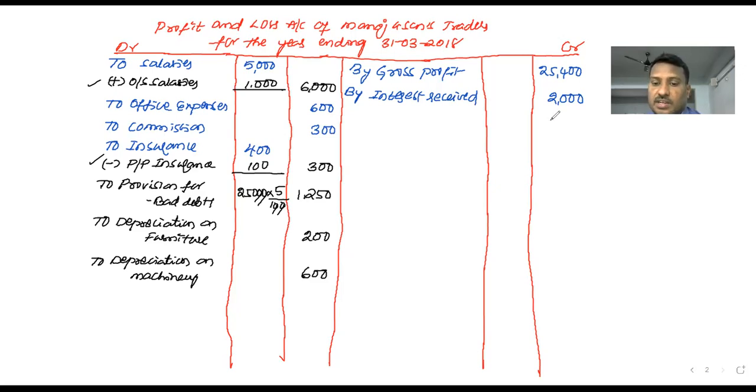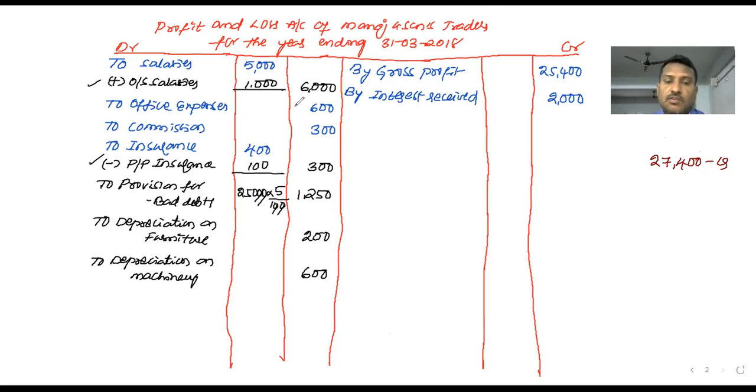Let's total both sides in rough. First the total amount of credit: 25,400 plus 2,000, 27,400 is the total amount of credit, meaning the total amount of profits.